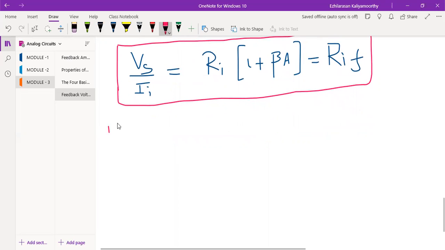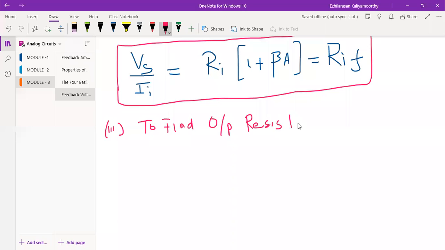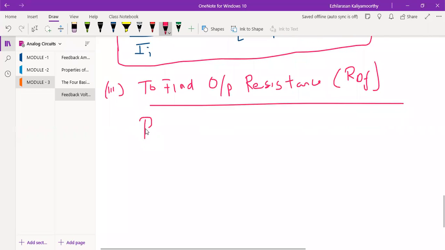Next, we need to find the third term, the output resistance. The output resistance is denoted by R naught F, and it is nothing but Vx by Ix.